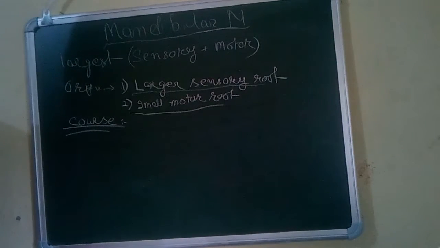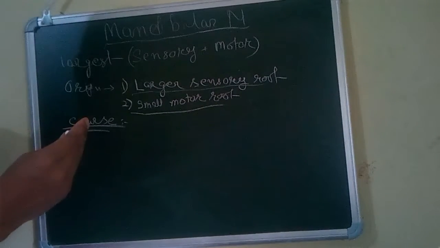After a short course, the main trunk divides into a small anterior division and a large posterior division.